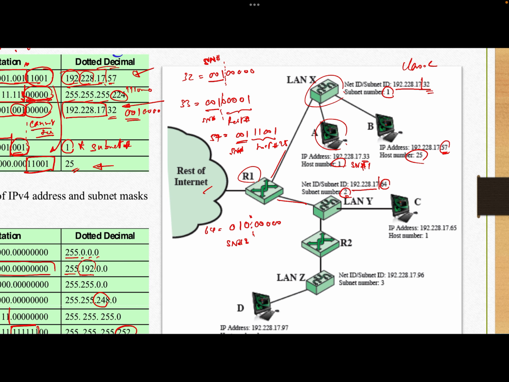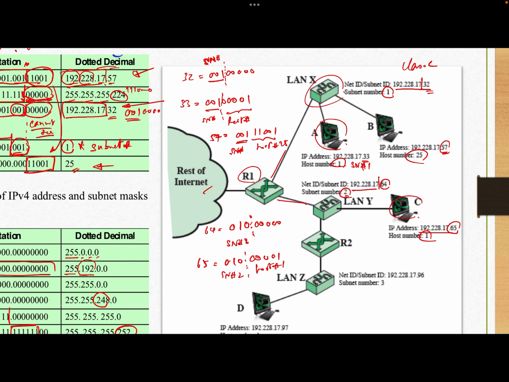Then this device is connected to LAN Y, and it has the IP address like this. So 65 is 0, 1, 0, 0, 0, 0, 0, 1. So subnet number 2 and host number 1.